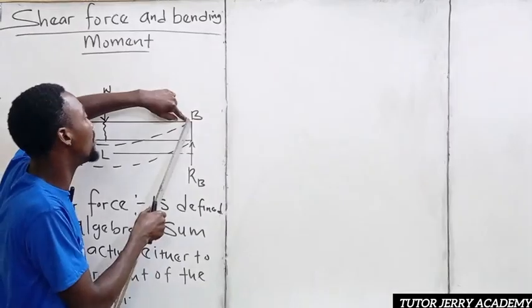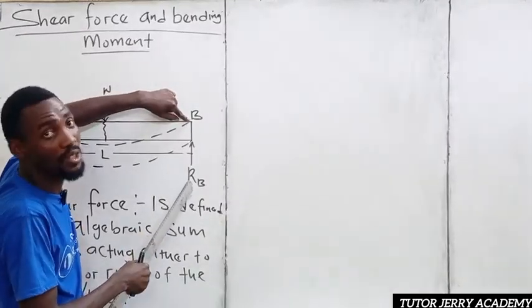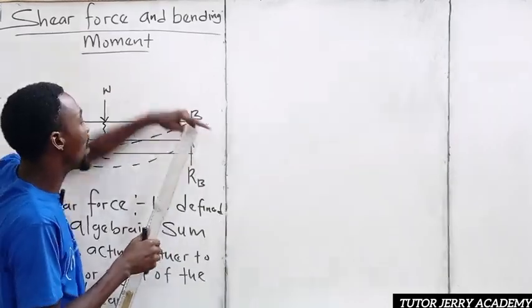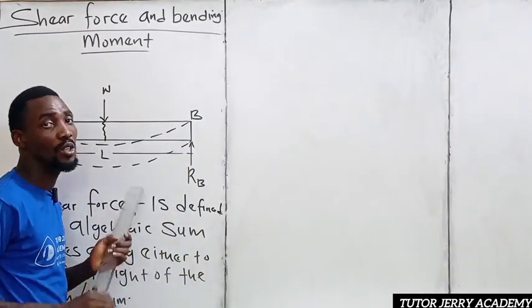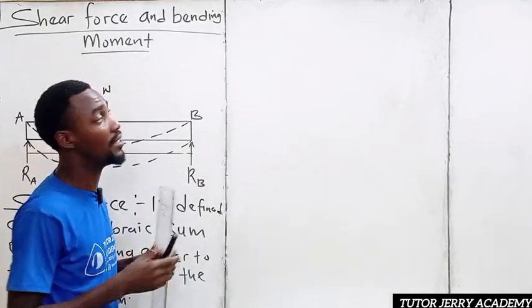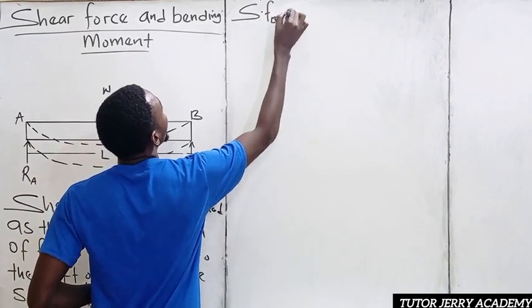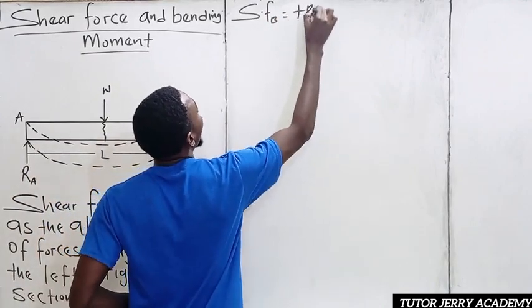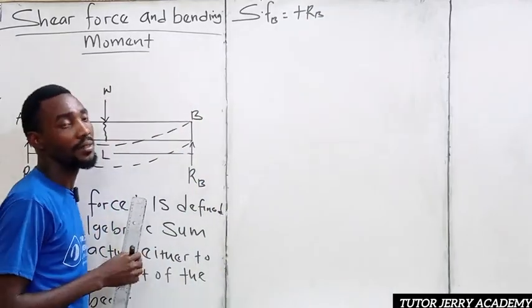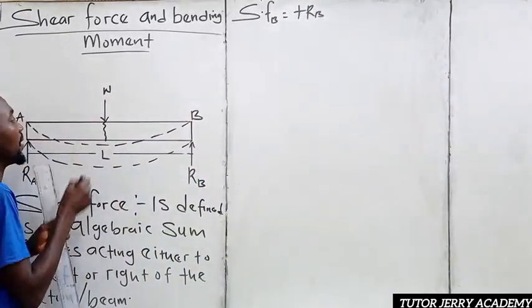So the shear force at point B here is going to be RB. So if I take my upward force to be positive, the shear force at point B is going to be positive RB. So if I want to calculate the shear force at this point, let's say the center.